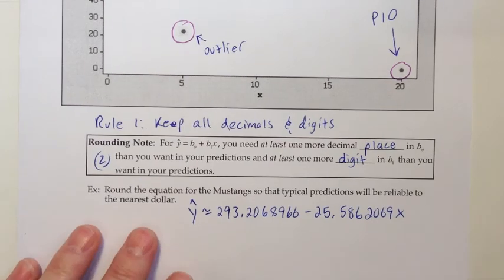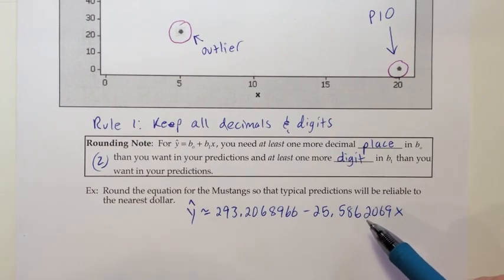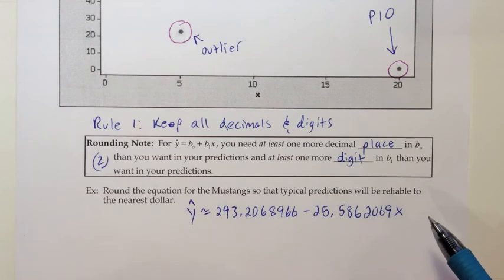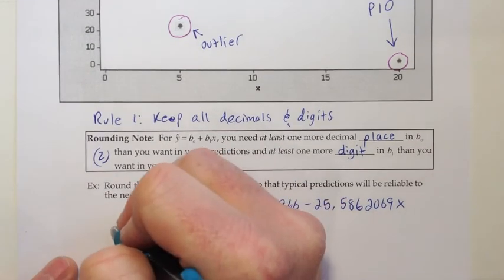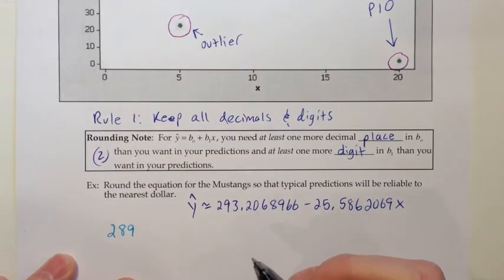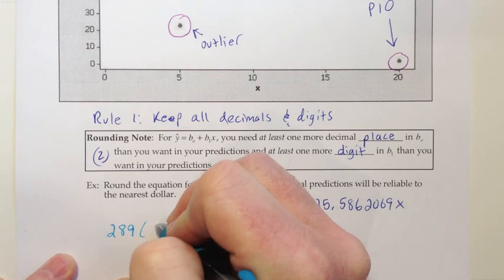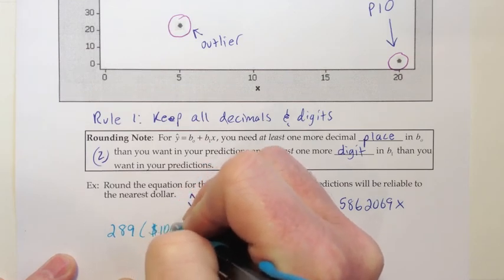But if you want to use rounding rule 2, then what you want to do typically is go back to your chart and find the biggest y value you can. And in this case, the biggest y value was 289 for the Mustangs. And then think about, all right, but what was that price really? That was in the hundreds of dollars.